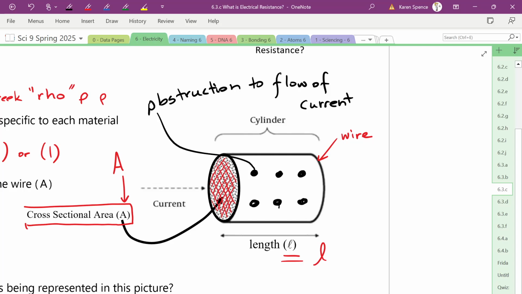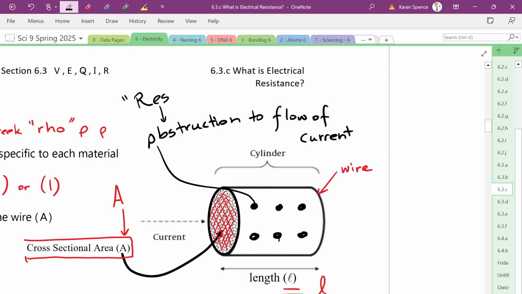Which is the resistivity. And the symbol for the resistivity is rho.